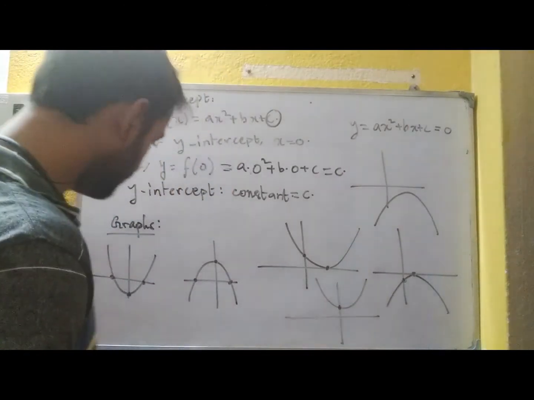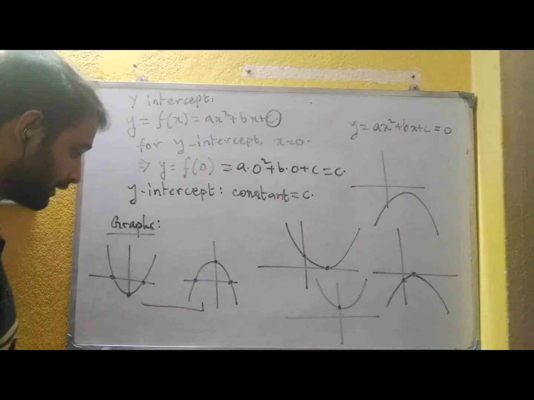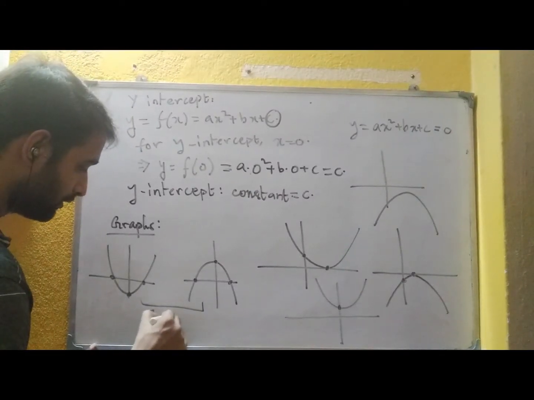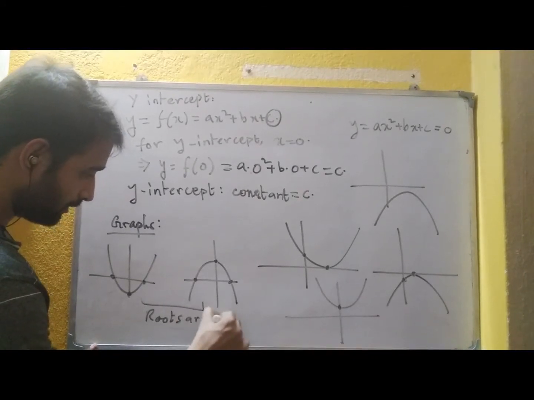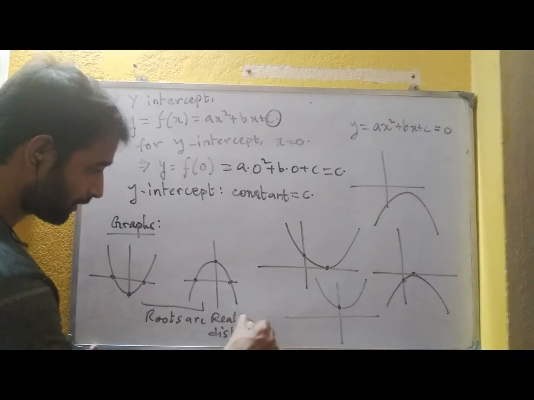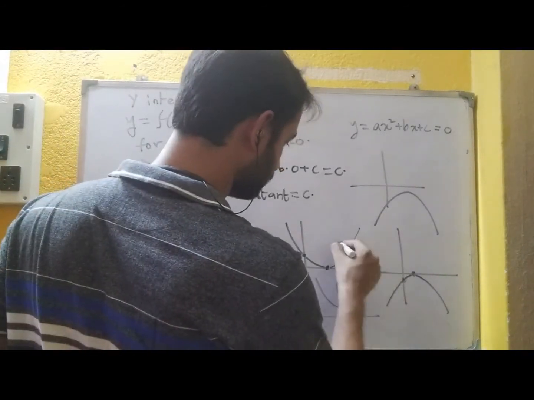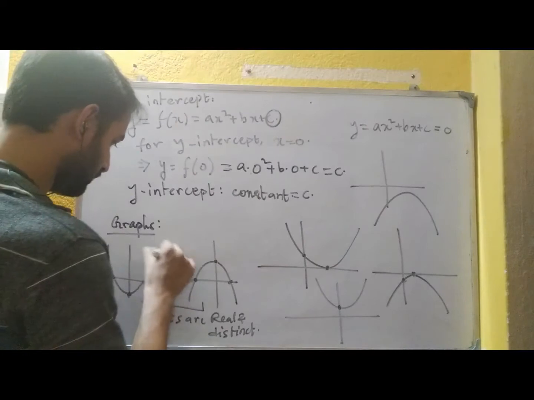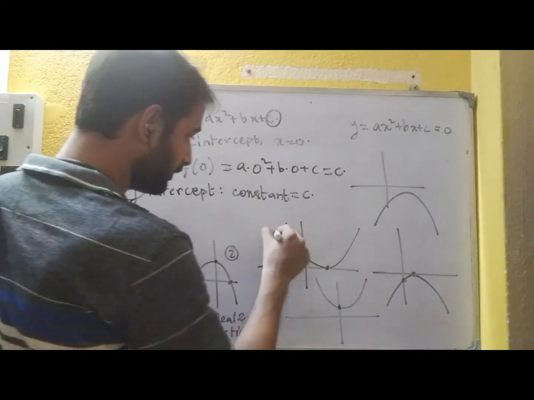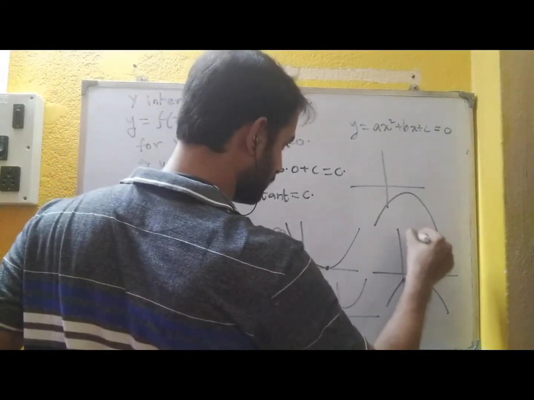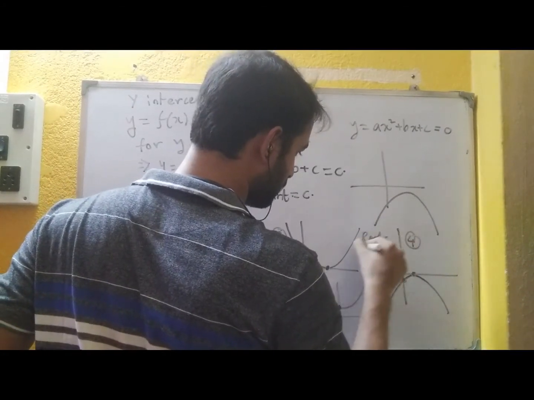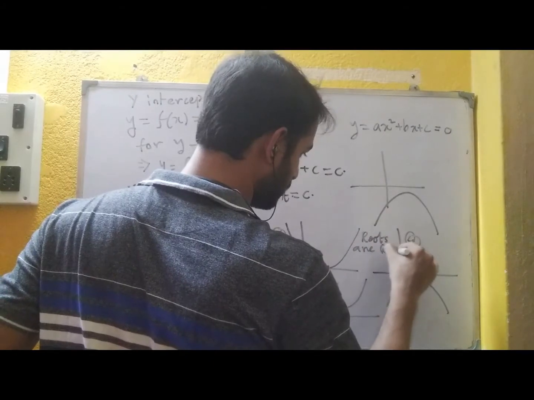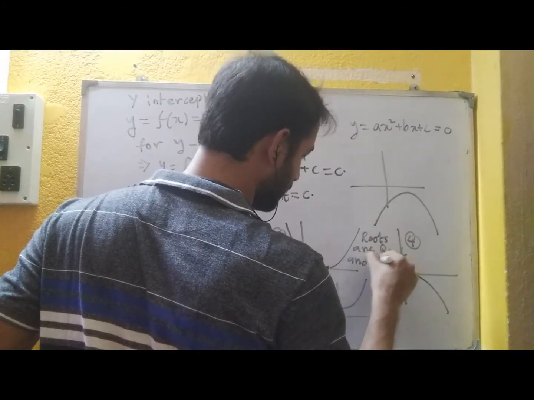That means in these two cases, the roots of the equations are real and distinct. So roots are real and distinct. In these two cases, say it is 1 and it is 2. This one is 3, this one is 4. In 3 and 4, the roots are real and equal.